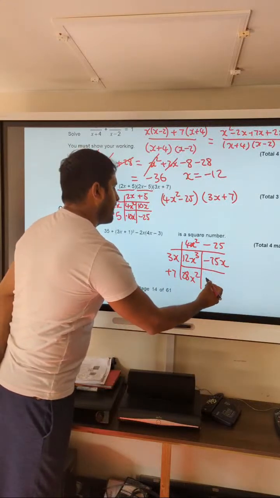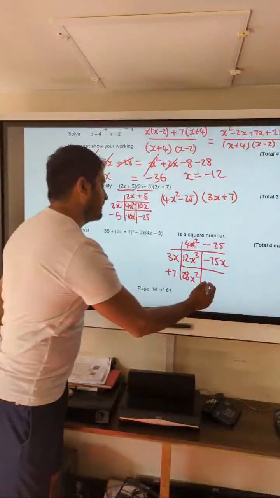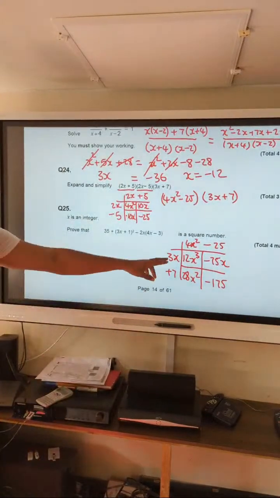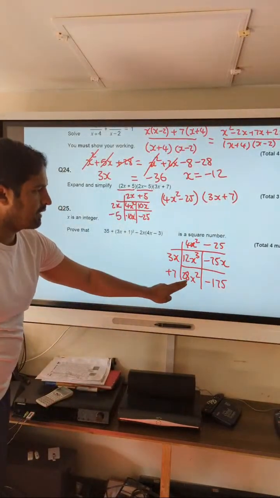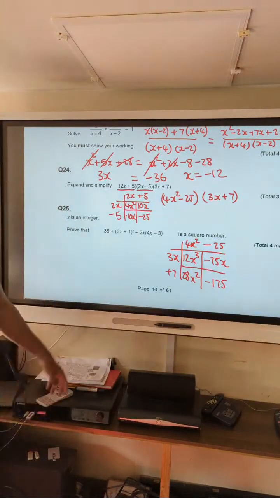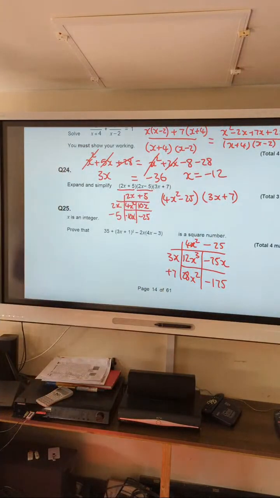And 175, but negative. So that's your answer. 12x cubed, 28x squared minus 75x minus 175 when you multiply them out.